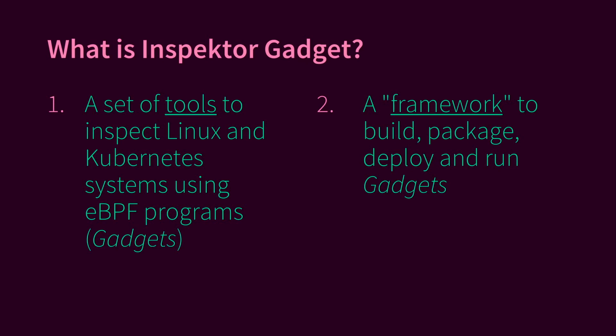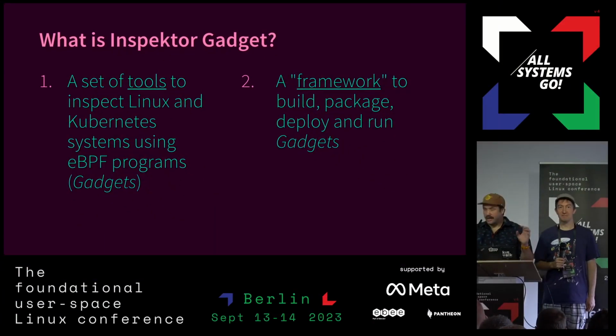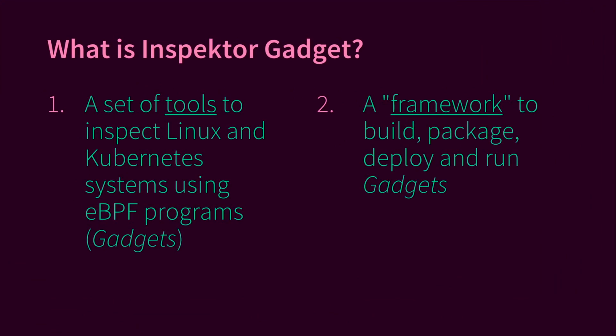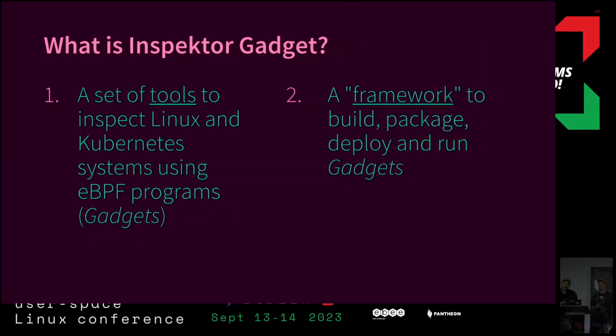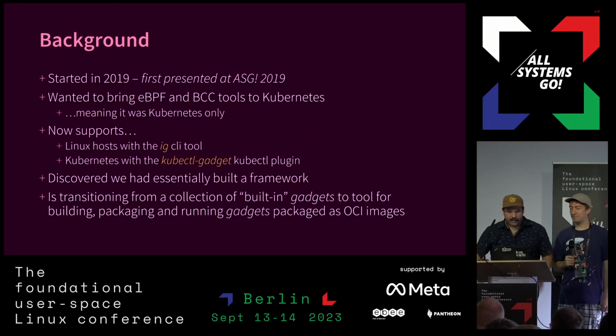A gadget is an OCI container, and the way we've built Inspektor Gadget, you consume it by the API, or even as a library. We'll talk about that in a second and give demos of that.